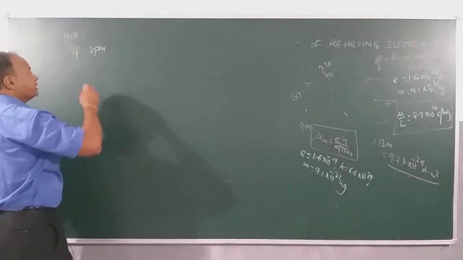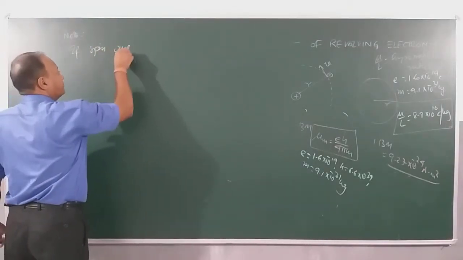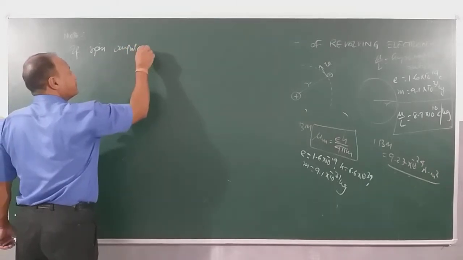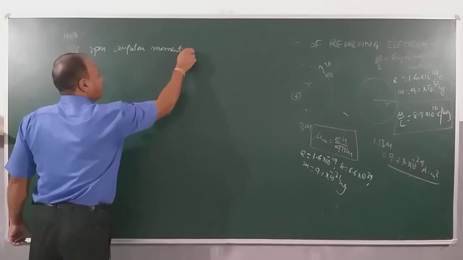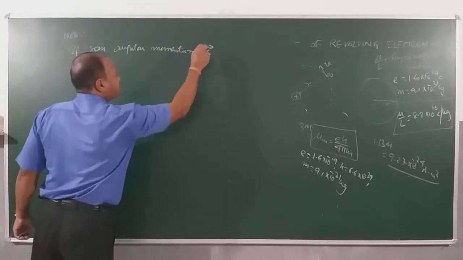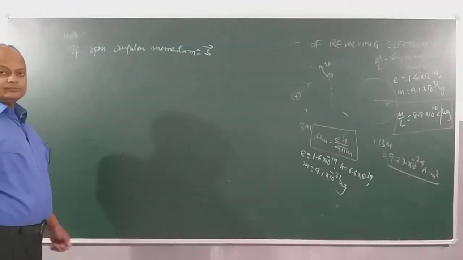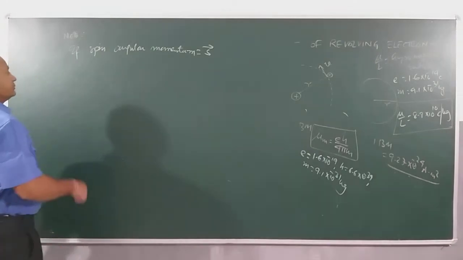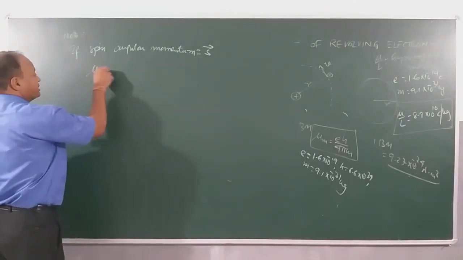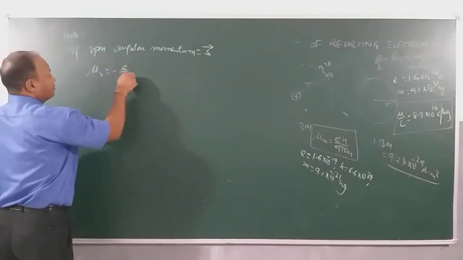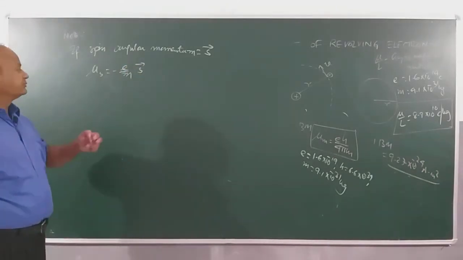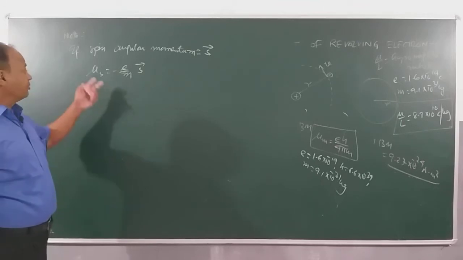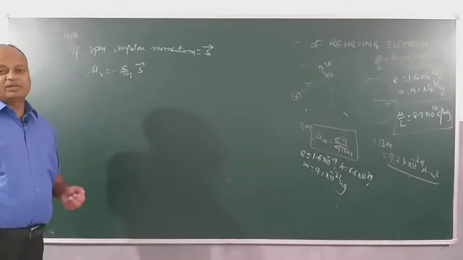So if spin angular momentum is S, then we have spin dipole moment mu s is equal to minus e by m into S. So we already saw angular dipole moment. Now we have spin dipole moment again.